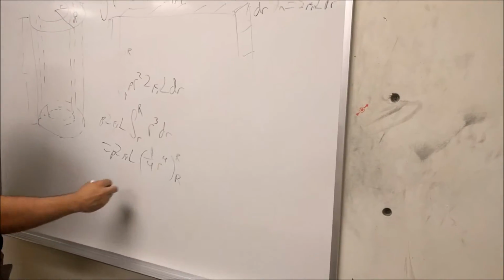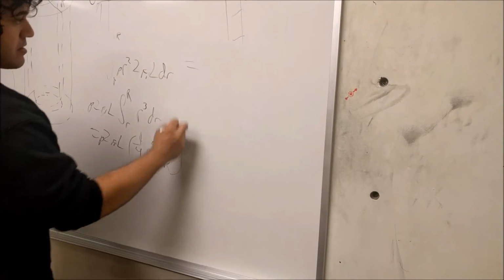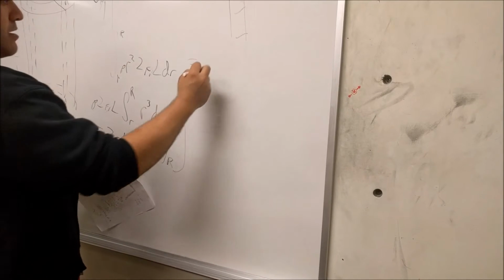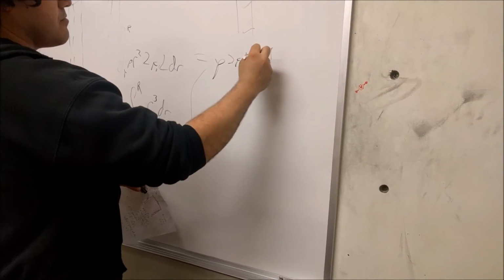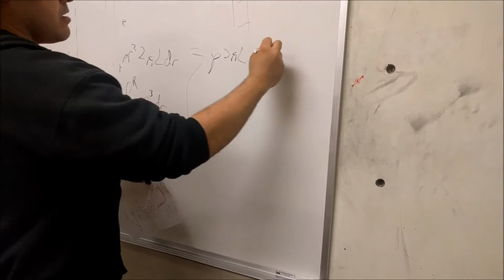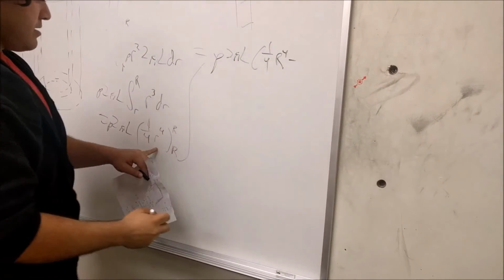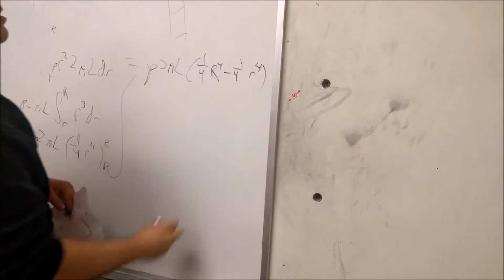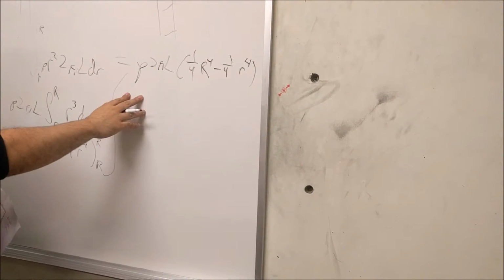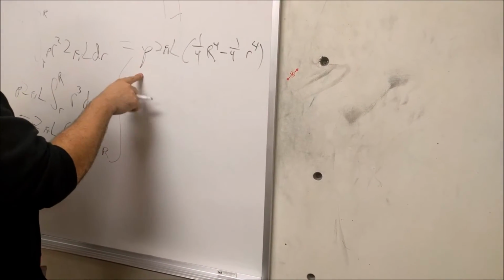So once we expand this, we're going to have rho 2 pi L times 1/4 big R to the 4th minus 1/4 little r to the 4th. And we can simplify this by knowing what rho is.